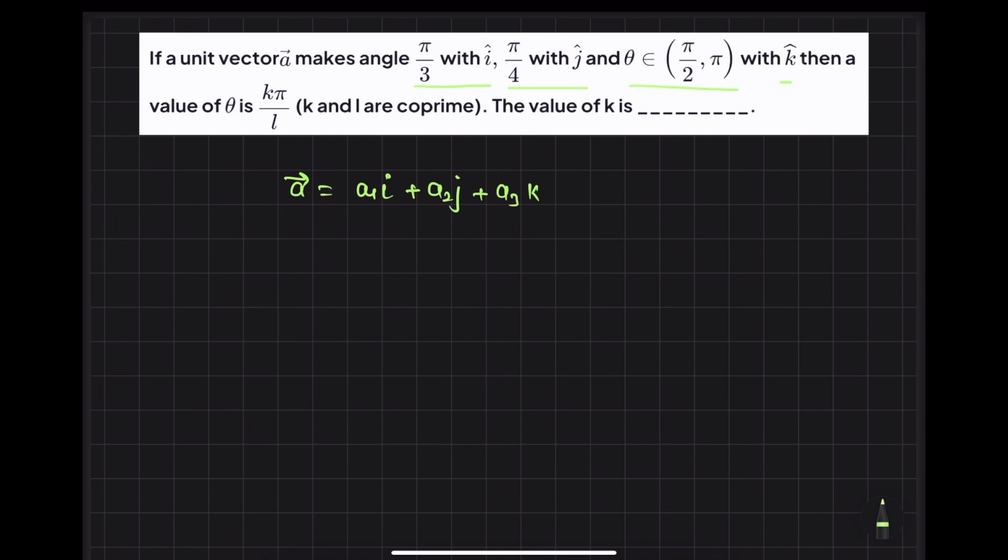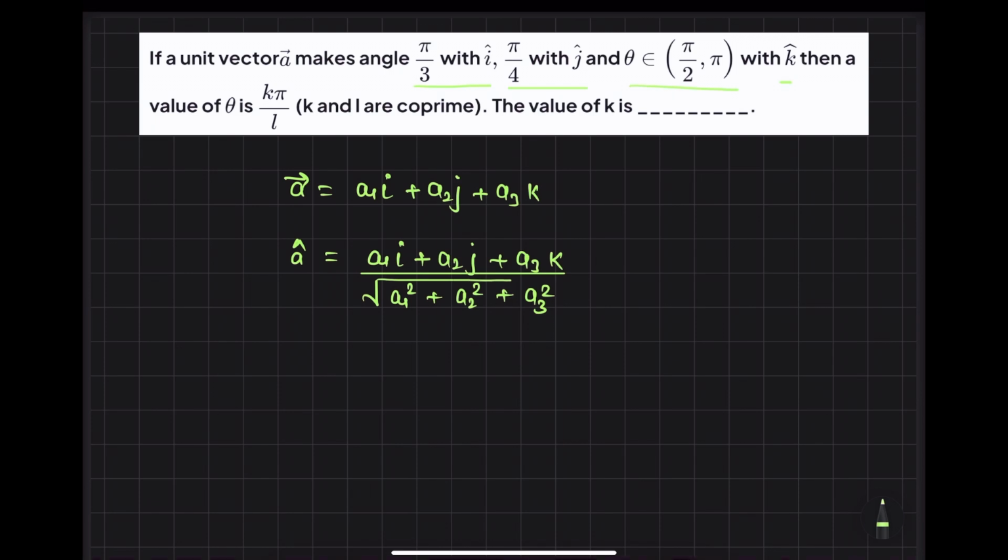Okay, do you remember that we used to find a cap? How did we find a cap? Vector a by magnitude of a. So a1 i plus a2 j plus a3 k upon root over a1 square plus a2 square plus a3 square.